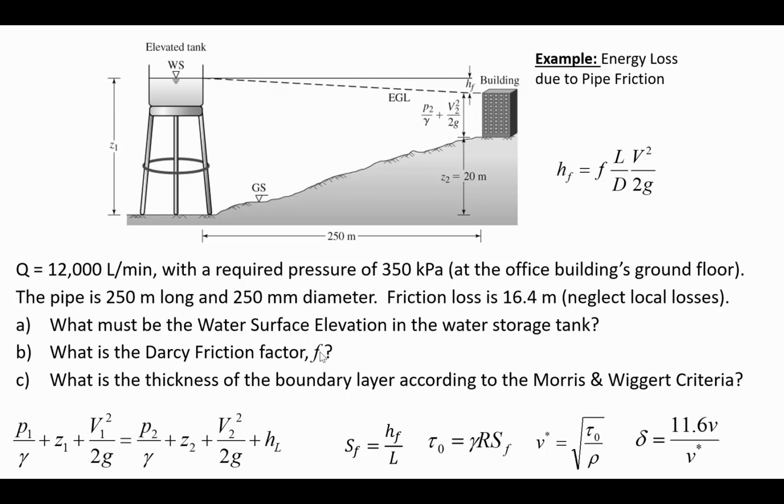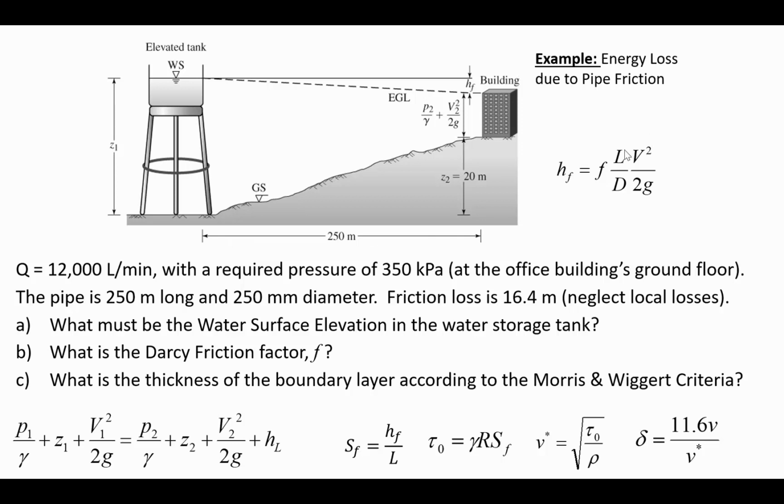Now you're going to be calculating F here in a way that's a little different than you normally calculate it. In this example, you're told right off the bat what's the friction loss, and so you know H sub F, and you know the pipe length because it says here it's 250 meters, and you'll calculate the velocity.